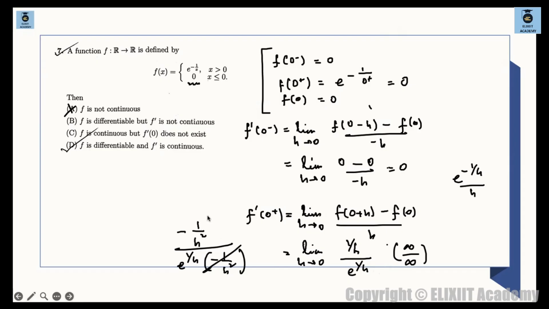This will cancel out. As h tends to 0, this 1 upon 0 quantity will tend to infinity, and 1 by infinity will tend to 0, so this will become 0 only, which means f is differentiable.